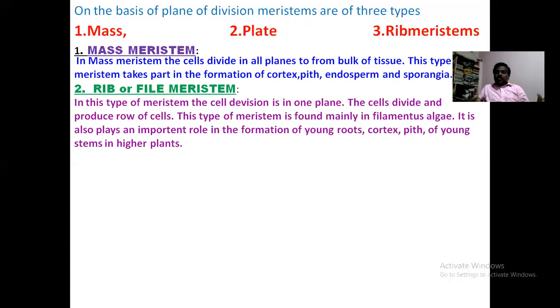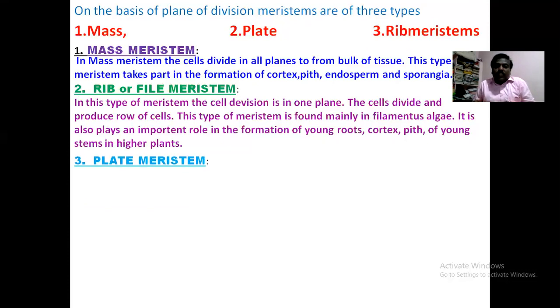In primitive plants like algae or fungi, this type of meristem is present, but in higher plants it is also involved in the formation of young roots, cortex, and pith of young stems.